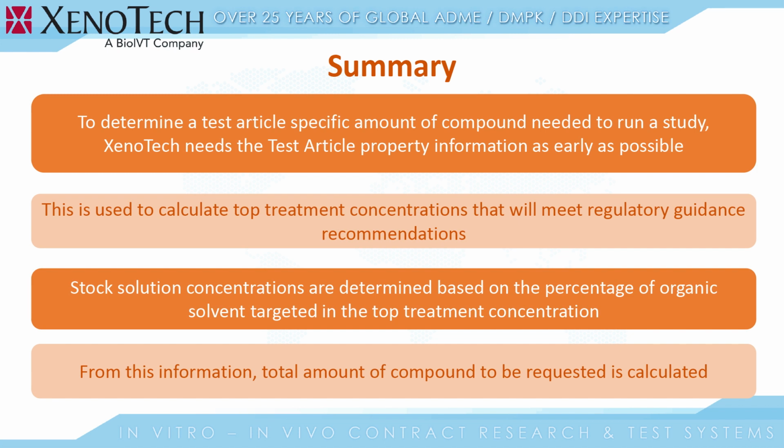From there, we use the solvent percentage that we allow in our incubations to determine the stock solution that we need to generate. All of that information leads to the total amount of compound requested. It's not overly complicated, but those are things that sponsors often aren't thinking through, and they lead to higher compound requirements than people think.